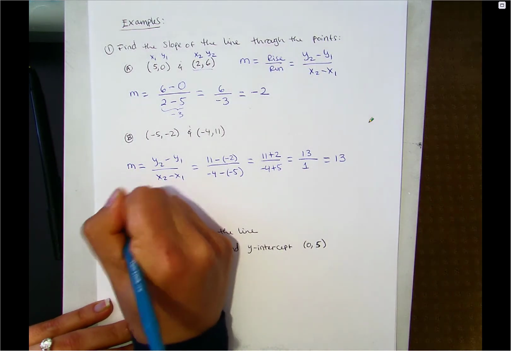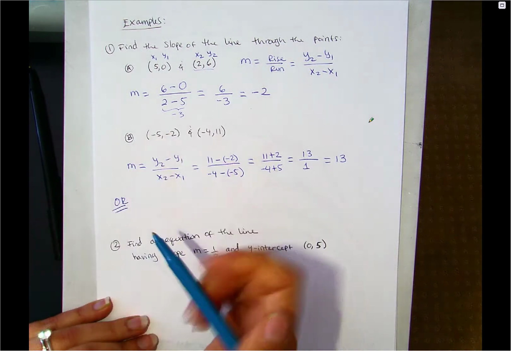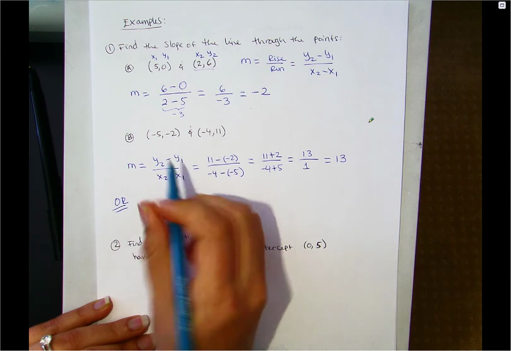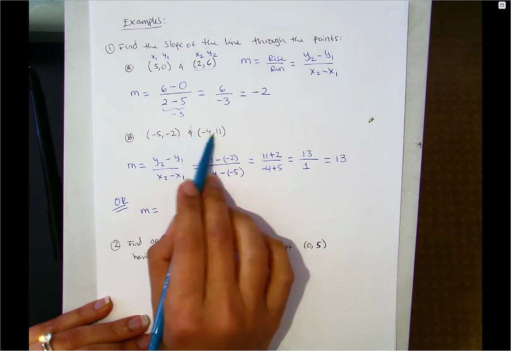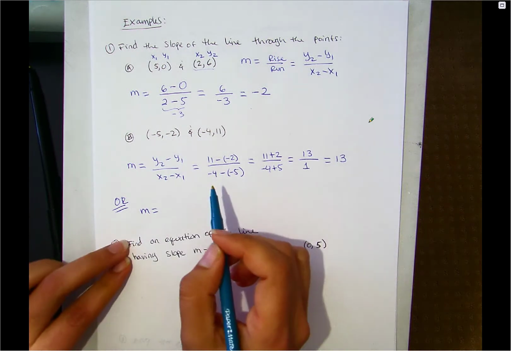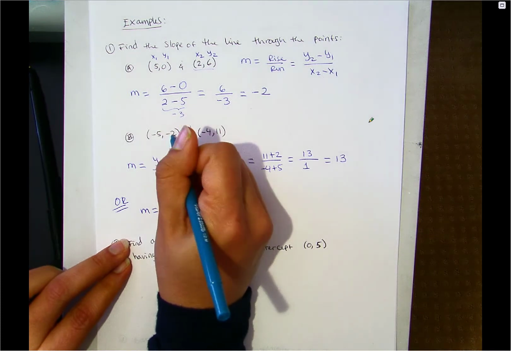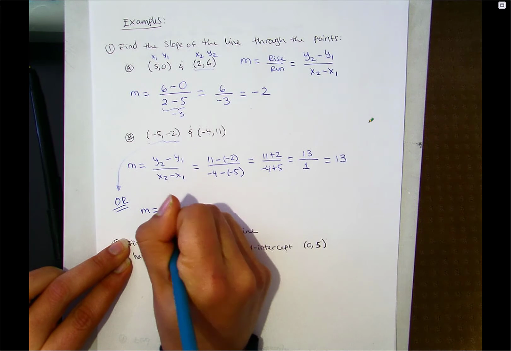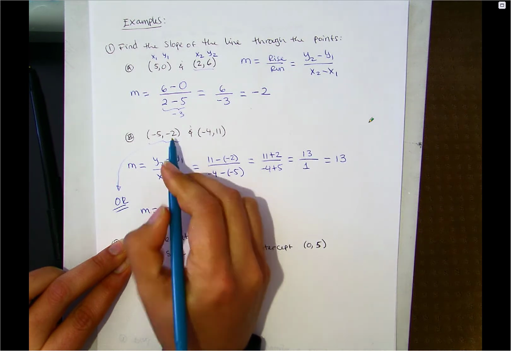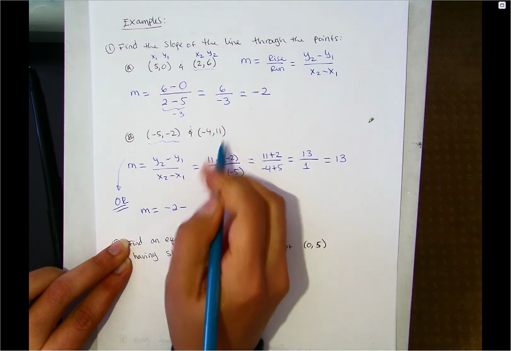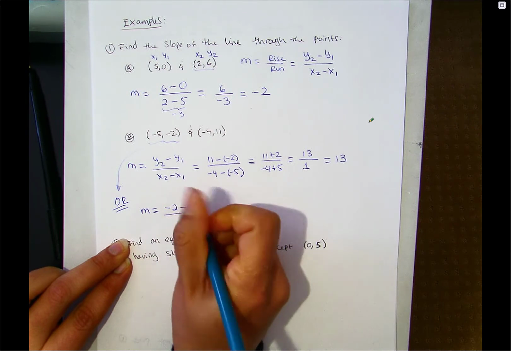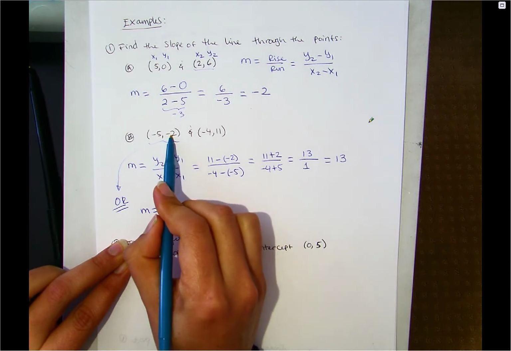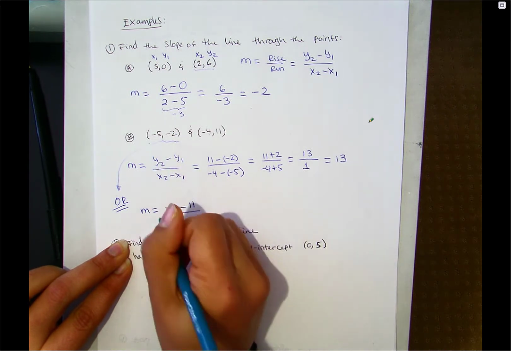Now I want to do an example where you switch them. Like I said, it doesn't matter which point you start with, you just have to be consistent. So if I start with this one as my first point, this will look like minus 2. You start with the y, minus 11, over, since I started with minus 2 on the y, I have to start with minus 5 for the x.